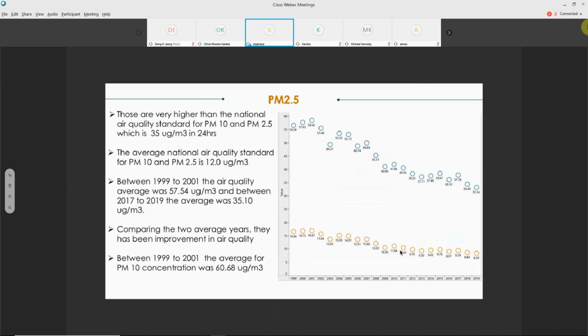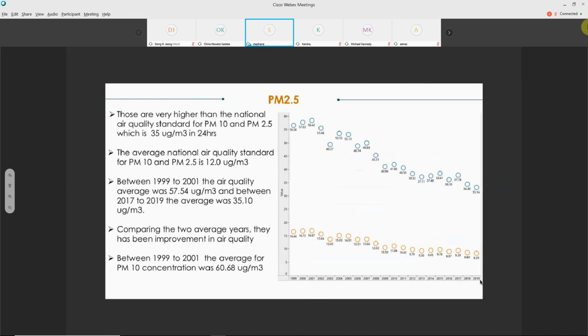So in order to have the average, we decided to use 1999 to 2001 and 2017 to 2019. We did that because we want to see if between those years there was an increase or decrease of the air quality index value.